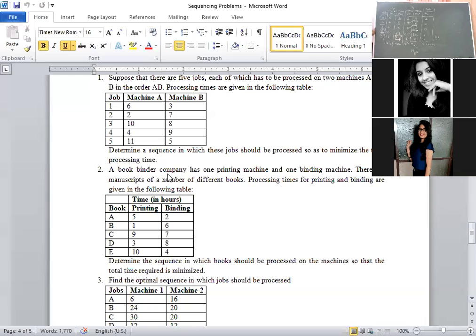Otherwise, write down the formula. Everybody write down the formula.